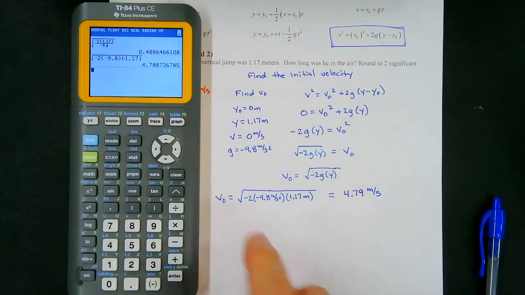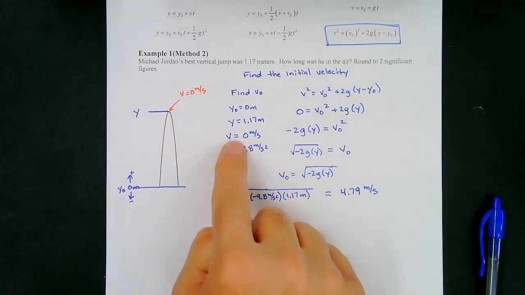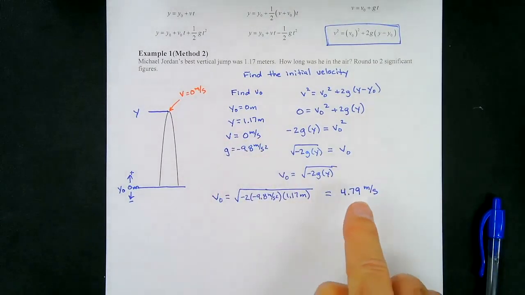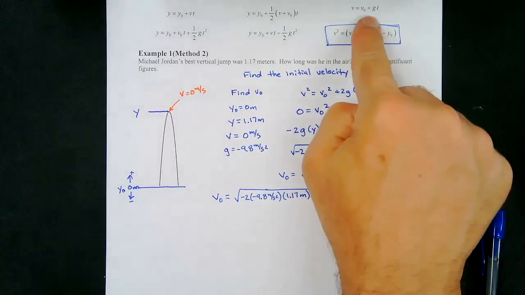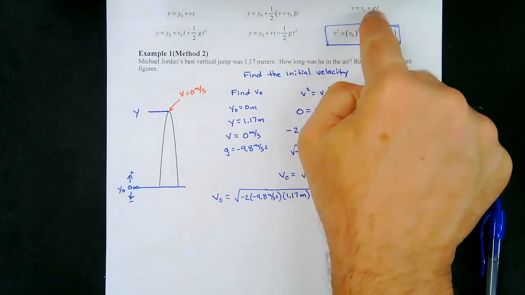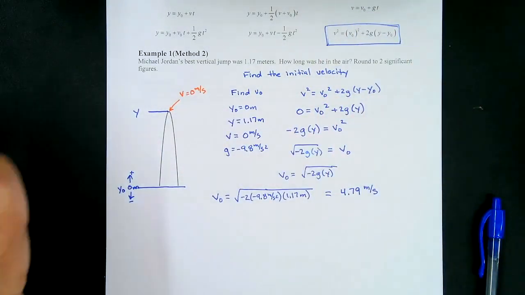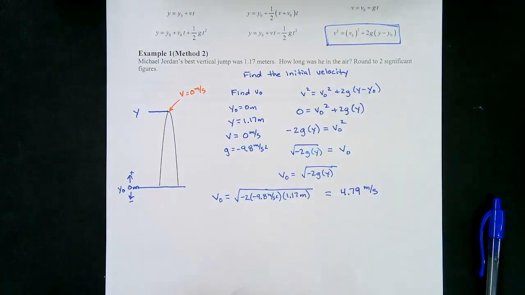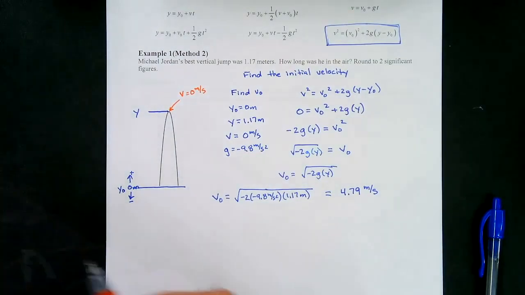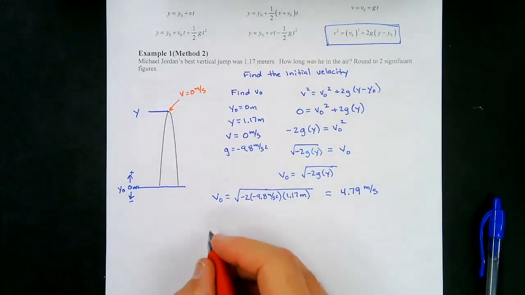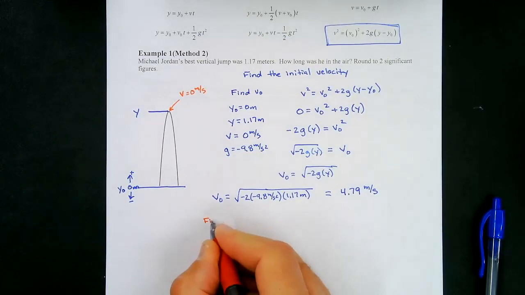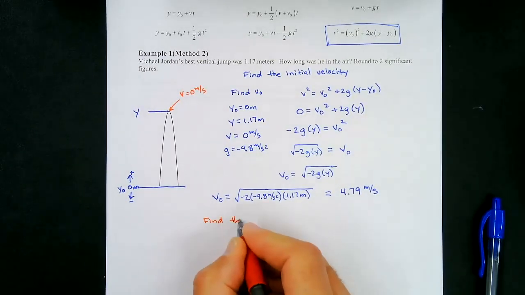Okay, so now I know the final velocity, I know the starting velocity, and I know gravity, so I could use this to figure out the time, and this would still be the time going up, all right? So in this case, I'm going to use a different color, okay? I'm going to find the time going up.